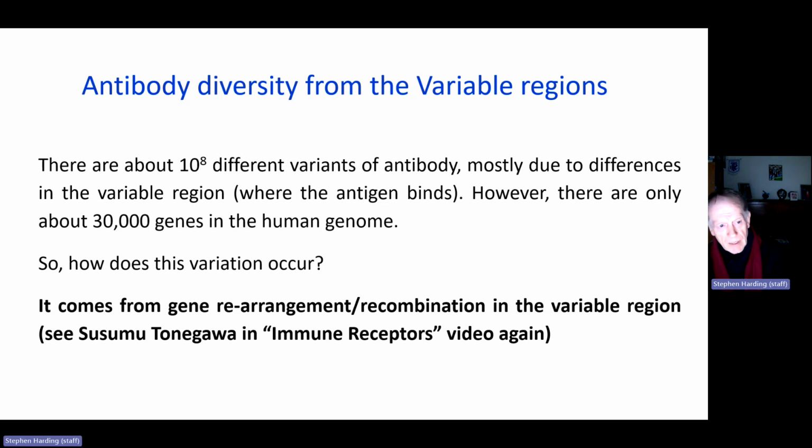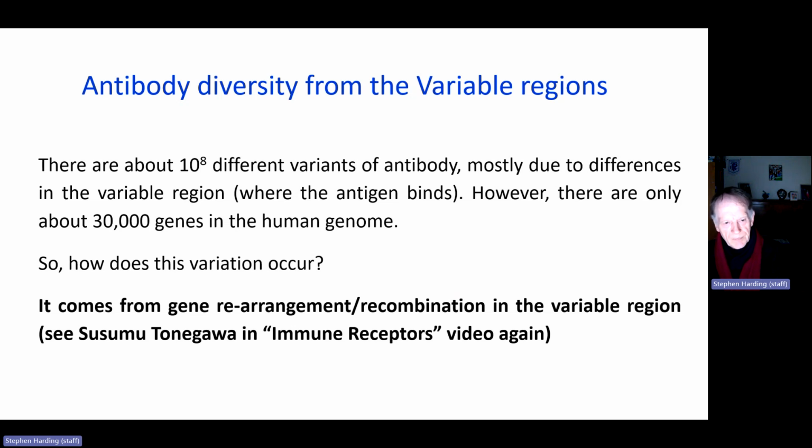However, there are only about 30,000 genes in the entire human genome. So how does this variation occur? How can the armory of antibodies cope with the huge diversity of antigens that can be presented to the antibody defense system?